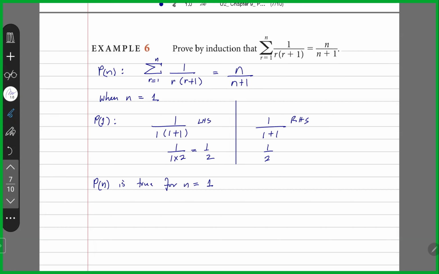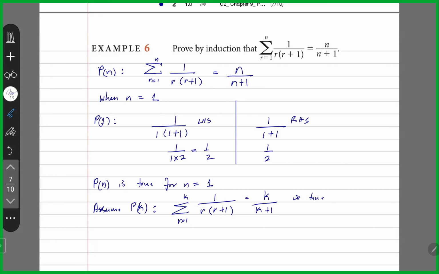We're to assume that Pk, which is the sum from r equals 1 to k of 1 over r into r plus 1, we're assuming that this is equal to k over k plus 1. We're to assume that this statement is true.